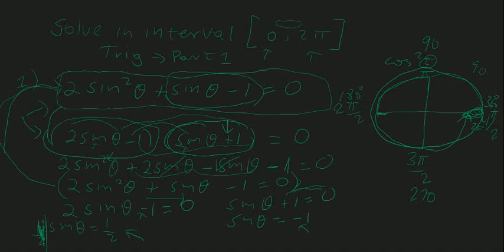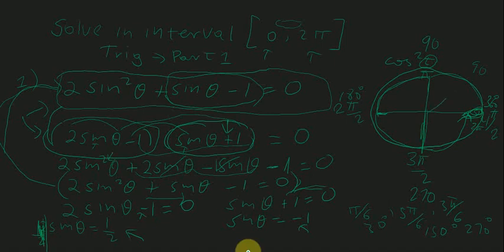So now you have to block only. Where is the sine of half? It is pi over 6, which is 30 degrees. What about the other part? It is going to be the other side, 5 pi over 6, which is 150 degrees. The other one is 3 pi over 2, which is 270 degrees.